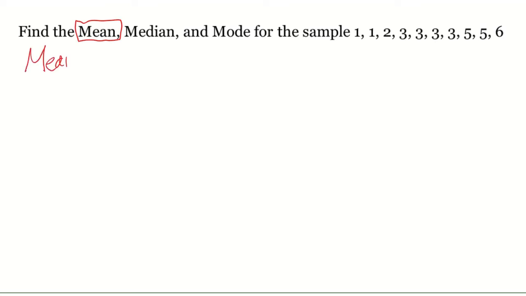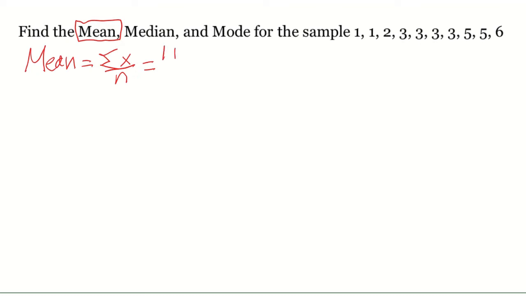So the mean is going to be the average or center value of all of our data. And the way that we calculate this is we get the summation of all of the data points and divide it by the sample size. So to get the summation of the data points, all that means is we're going to take all of these data and add them together.